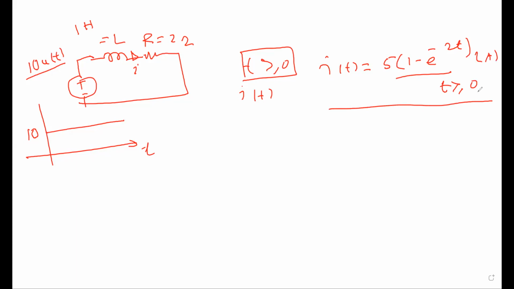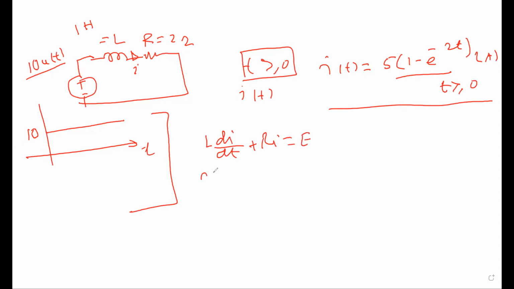Then if you want to solve this by using a numerical method, how to do that? You have to write the differential equation, isn't it? We know that the differential equation relating the current and voltage of this circuit is this.